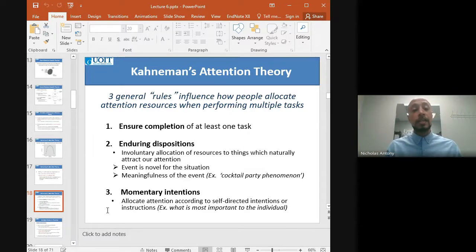And then the last thing is that we can allocate our attention according to things that we have decided we were going to self-direct our attention to. So, for example, I'll get back to the sporting example. We were talking about baseball, what someone's attending to while they're performing different motor skills. I could tell myself, okay, focus on the ball, focus on the ball, as I'm performing a motor skill.